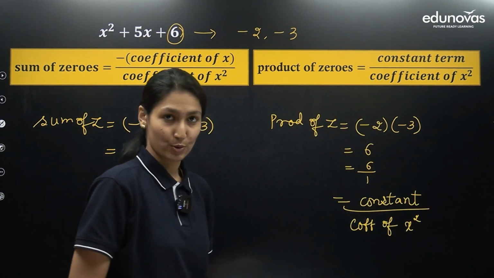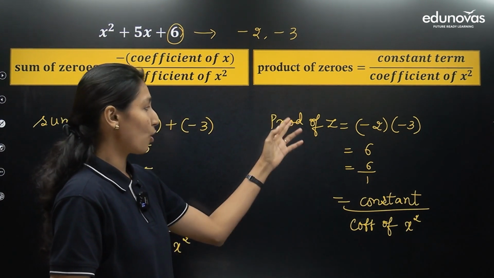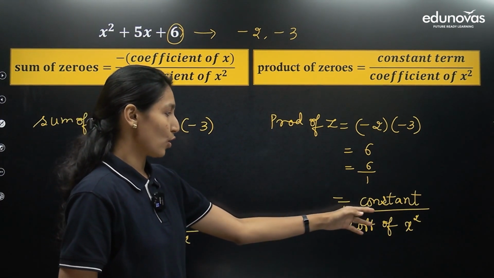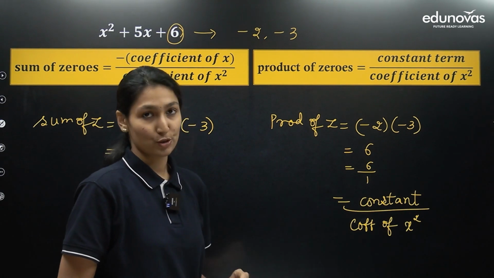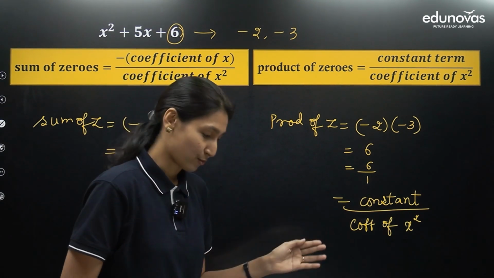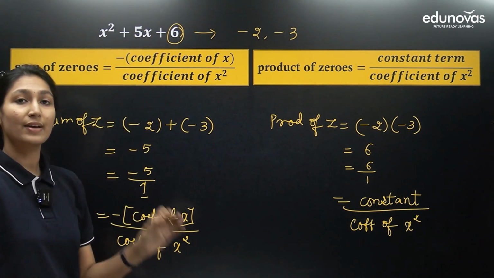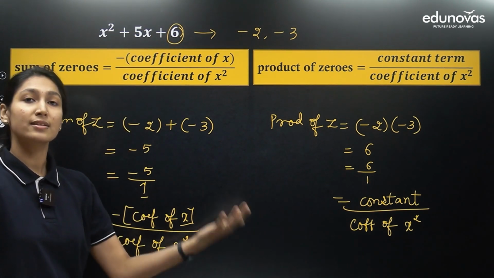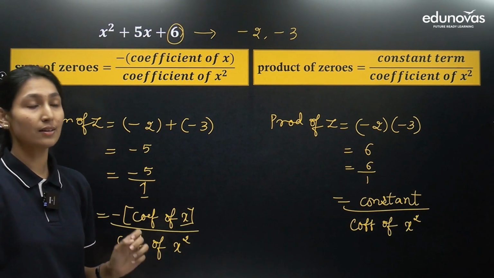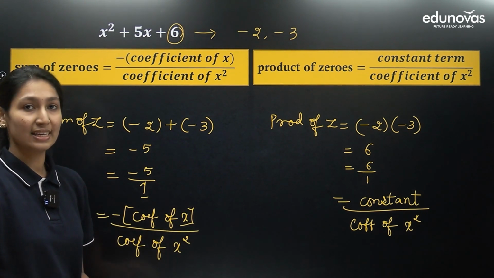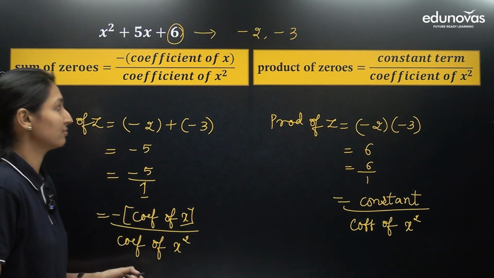Hence we verified that the product of the zeros is nothing but constant term over coefficient of x square. Therefore, the given polynomial x square plus 5x plus 6 verifies the relationship between zeros and the coefficients of the polynomial. Okay, let's do one more question.